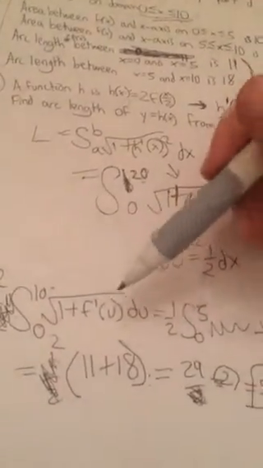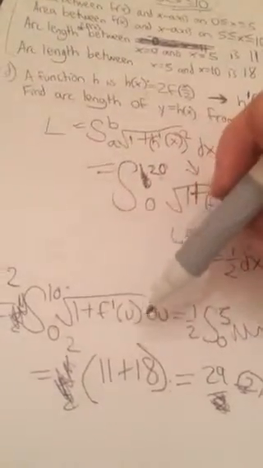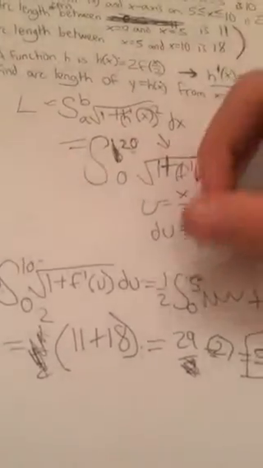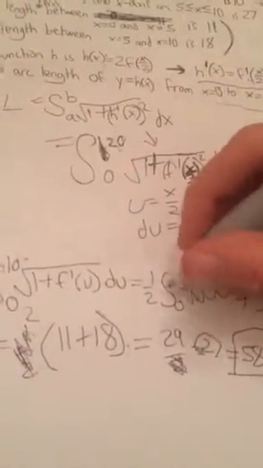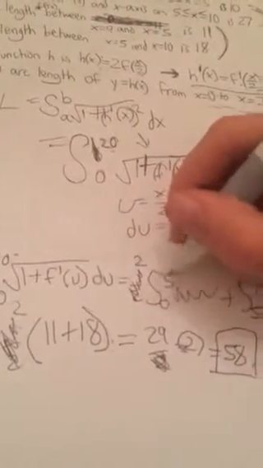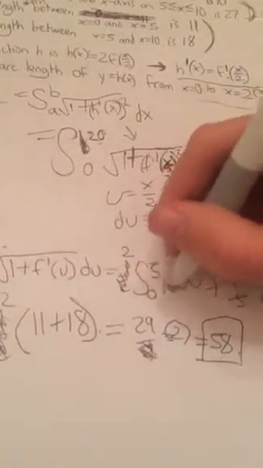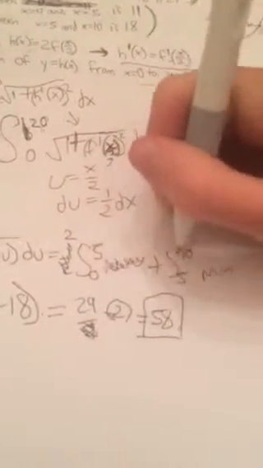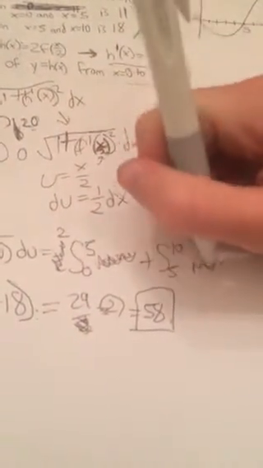So this is the arc length for f of u, which is the same as f of x, just with a different variable. And we can break that up into parts, which is, sorry, that's not 1/2, that's 2, times everything from 0 to 5, plus everything from 5 to 10.